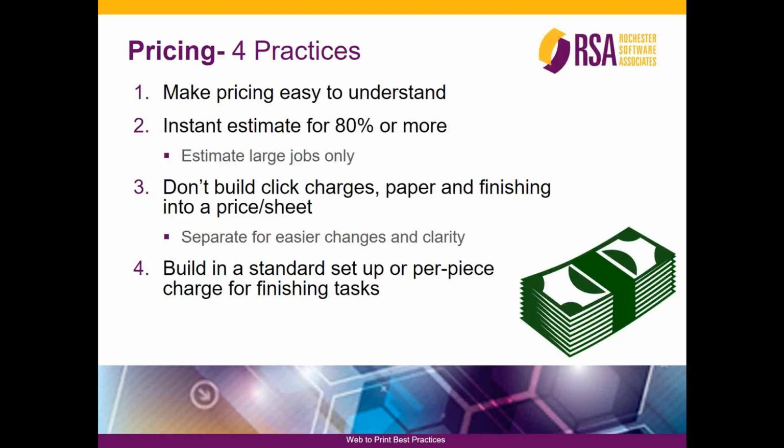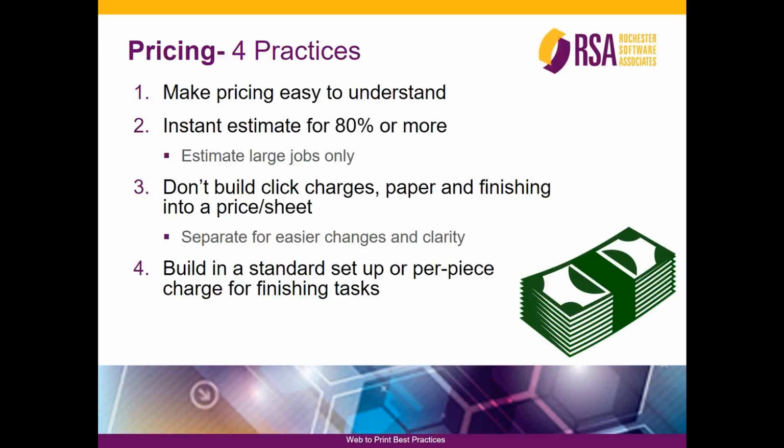The other thing that sometimes we recommend is to bundle in standard labor rates for finishing setup as a one price kind of thing. So if you do coil binding and it costs you $10 in labor to set up the coil binding, then you charge the $10 in labor as a flat fee, and you don't make it variable.